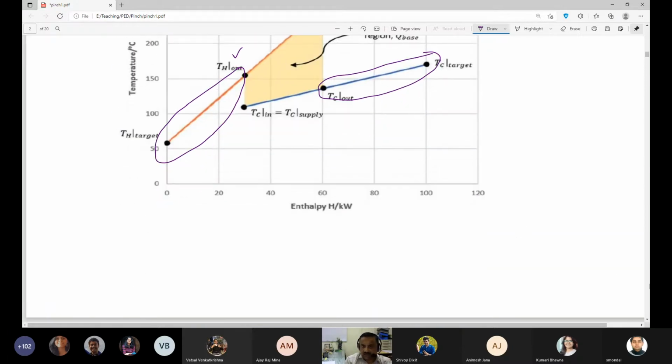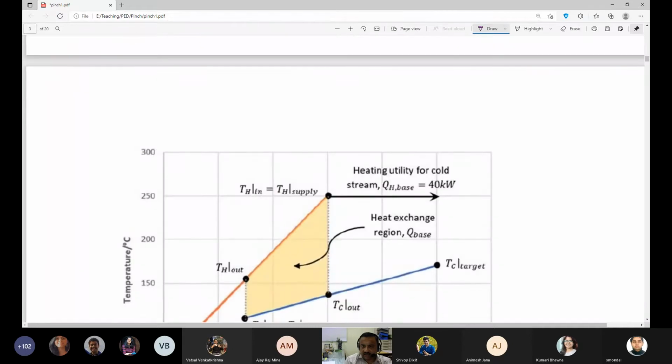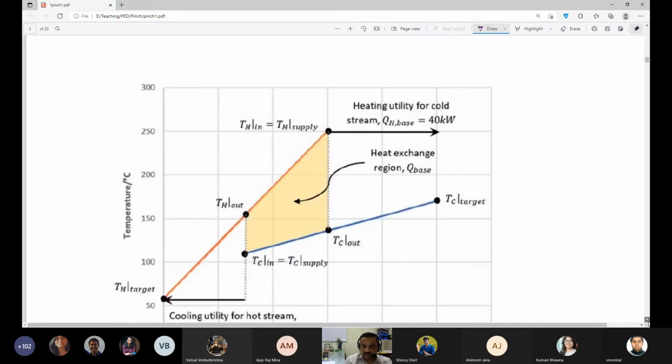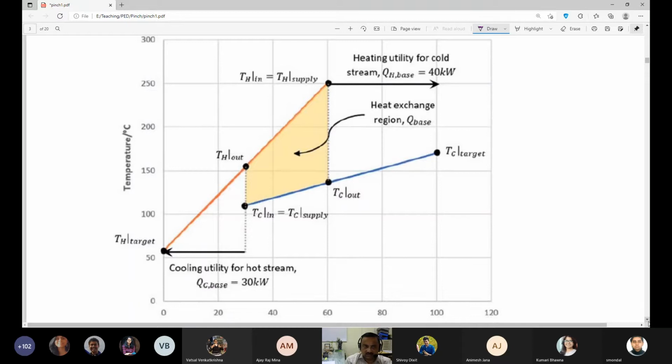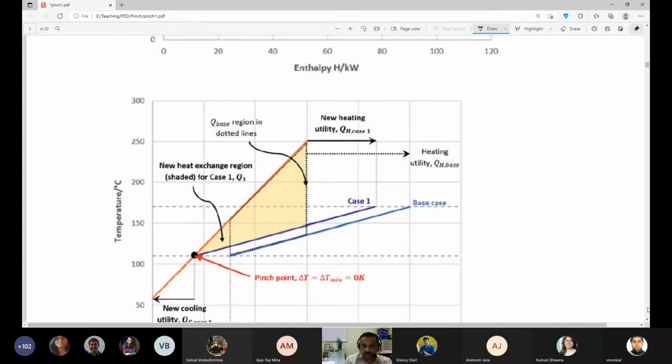Now I have a choice of shifting this line further. These numbers are given here. If you count from here, you can see this is 30 kilowatt and this is 40 kilowatt. So the heating requirement QH is 40 kilowatt, and the cooling requirement QC is 30 kilowatt. This is what we have by looking at the plot.